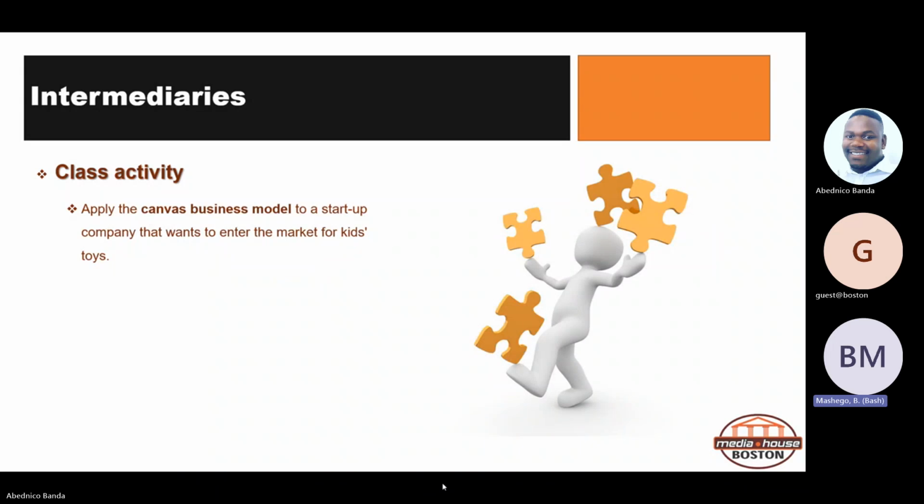I would personally use an intermediary, because right now I don't have a business, but the reason I would partner with an intermediary is because they already have an existing clientele, consumers, and I wouldn't want to start from scratch to get my own customers and grow and whatnot. I wouldn't want to go through that process. I would go to an existing intermediary with an existing clientele or consumers.